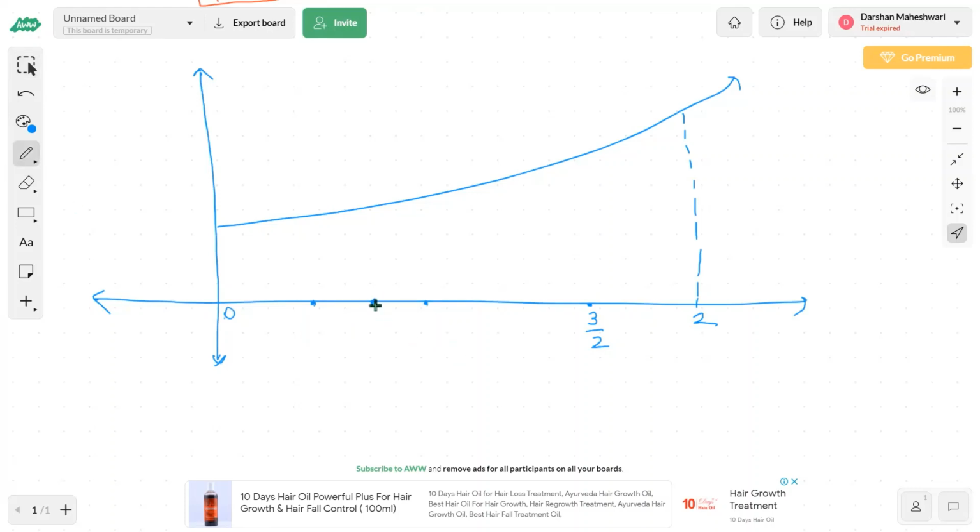If over here we have 1 over 2 and over here we have 1, this means that this is 0. We are talking about the midpoints now. So this is 0.25, this is 0.5, this is 0.75, this is 1.25, and this is 1.75.